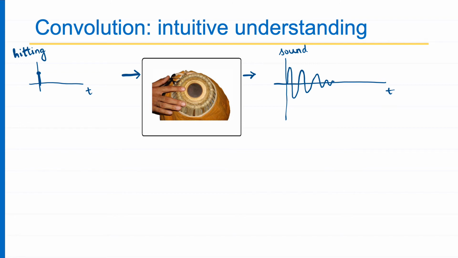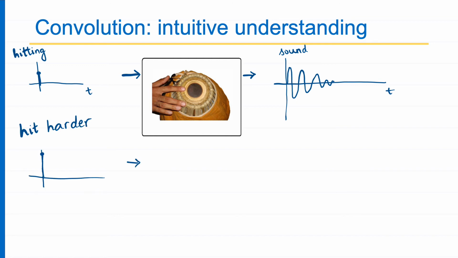Okay, let us first have the intuitive understanding. Whenever I have a system which has some input and some output, how do I model it? Now I hit harder. Let us say the amplitude is double.